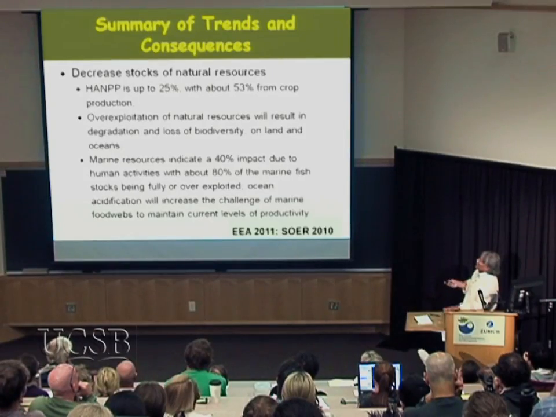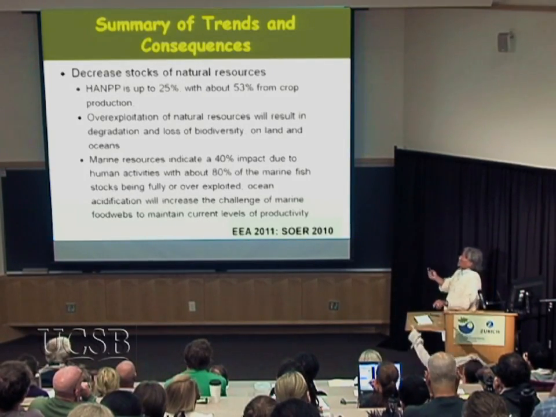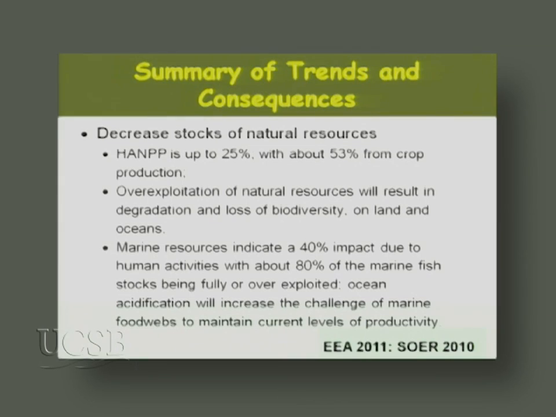This encapsulates some of the work that Helmut and his group did related to the human appropriation of NPP, where up to 25% is being utilized, and looking at cropping systems. We're seeing that 53% of that is being used for crop production.